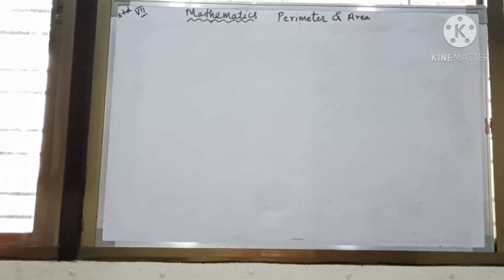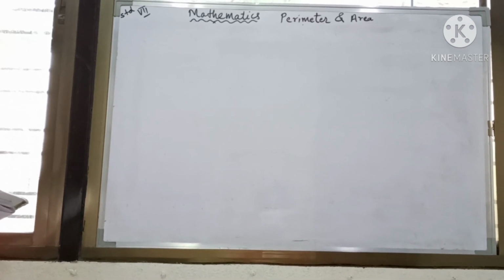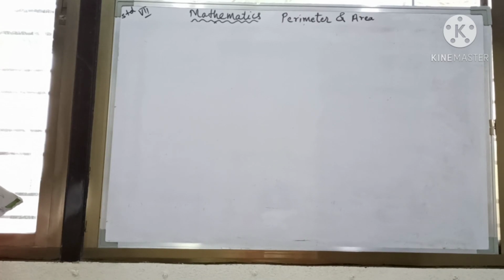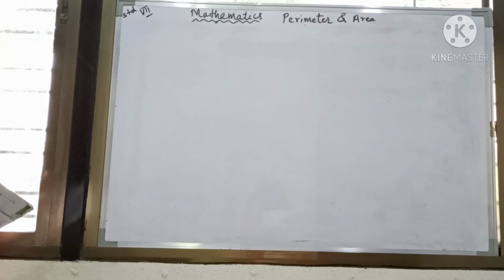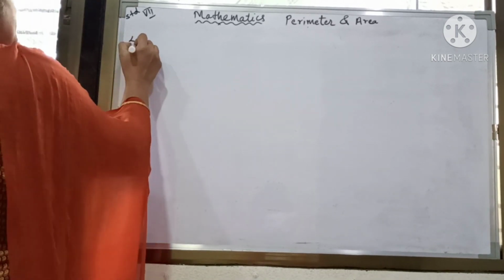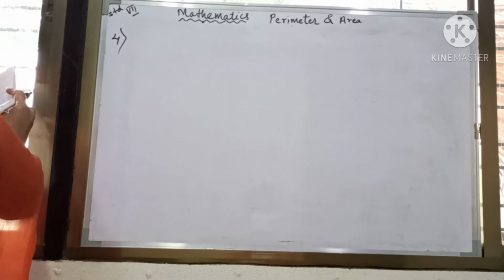They have given you the side of one tile, it is 30 centimeters. First you have to find out the area of the hall, and then that area you have to divide by the area of the square tile. So we will find the area of the rectangle.